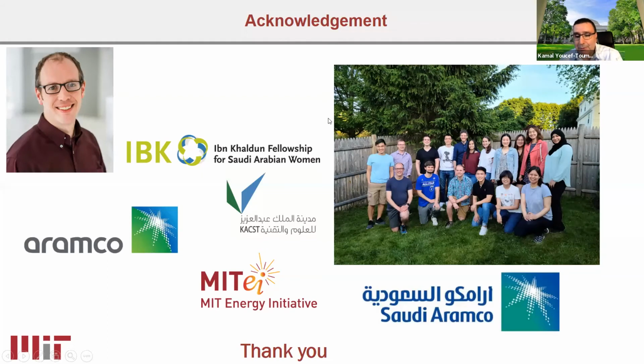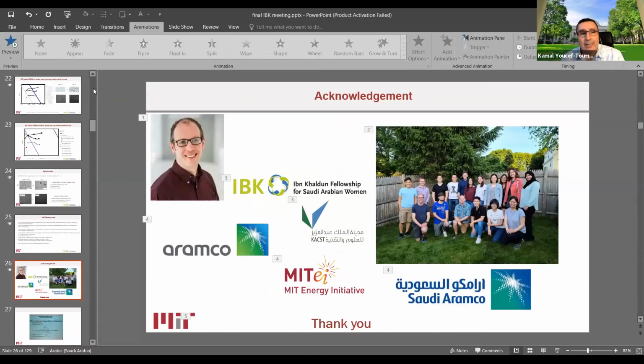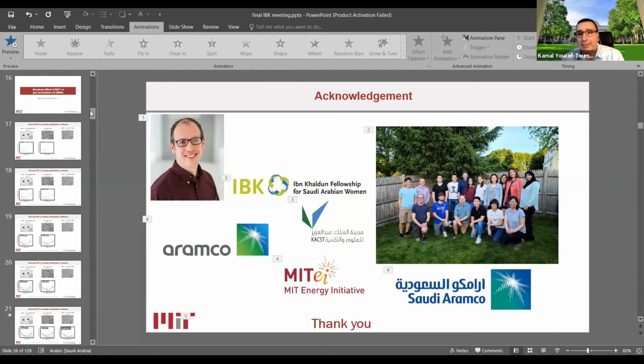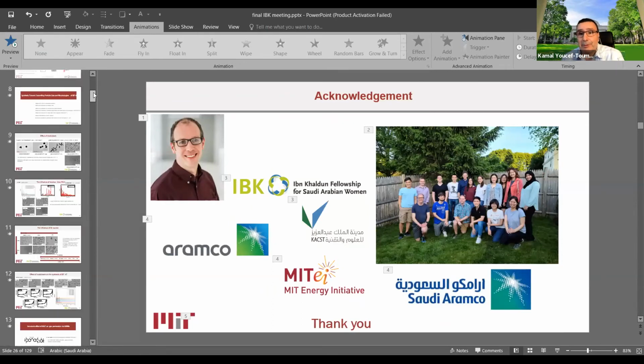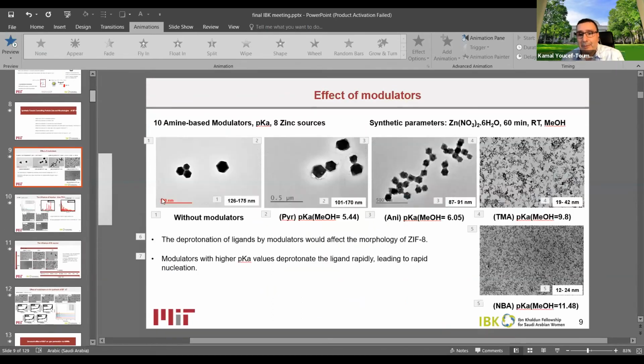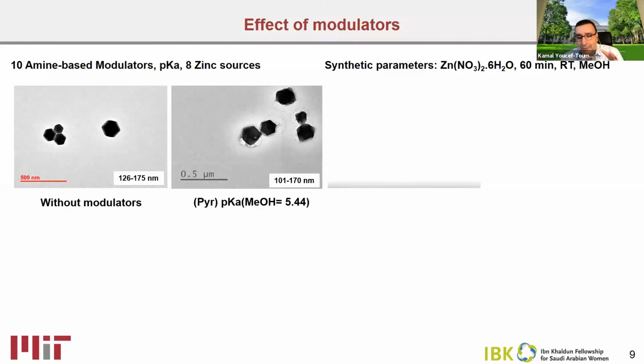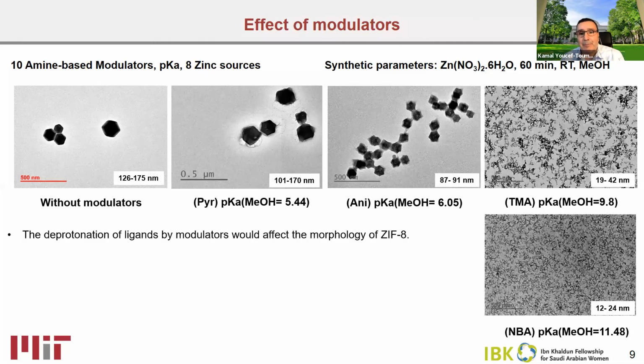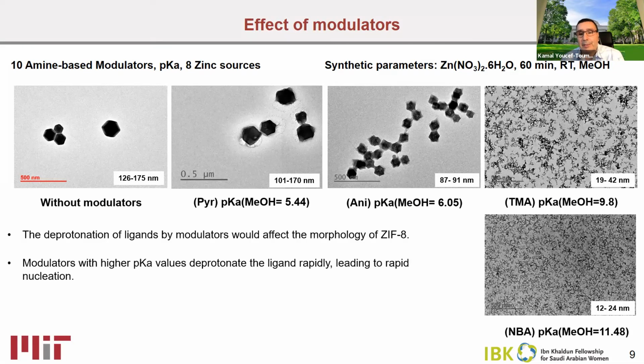So the first one is on the modulator. I think your results show very clearly the effect of the modulator as you use it. In this slide, you show how the size of the particles ends up being smaller. Not only the size, but it looks like the shape has also been affected.